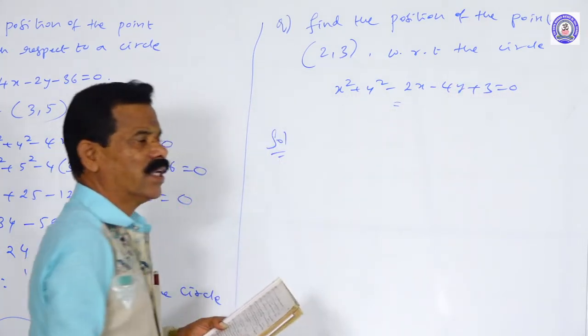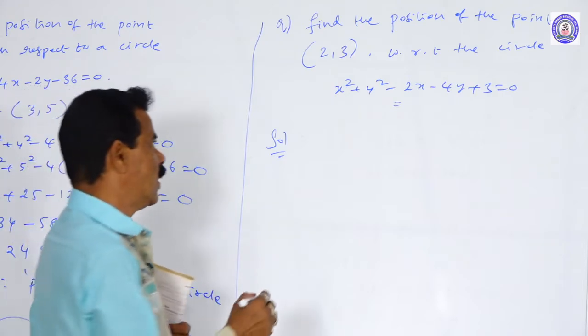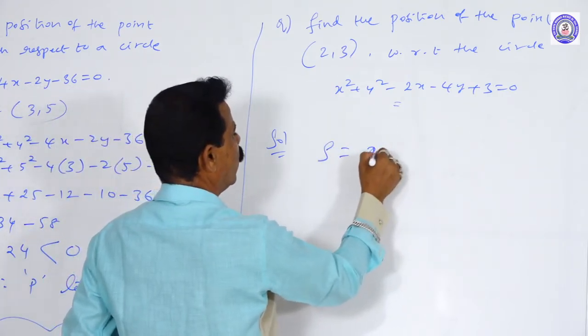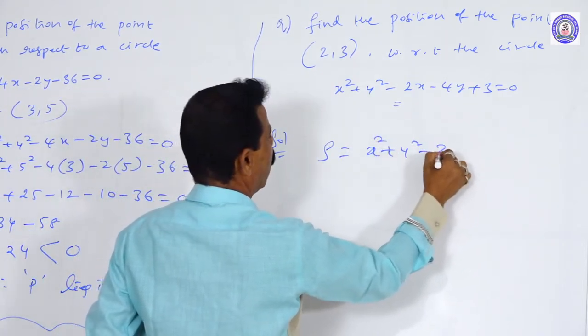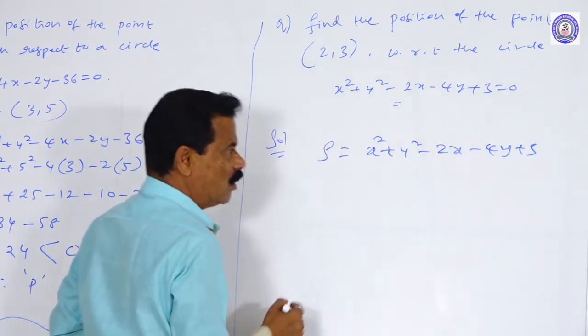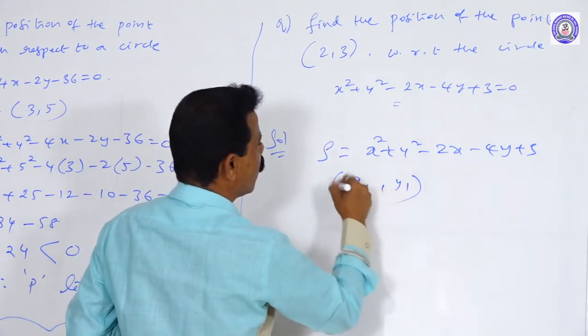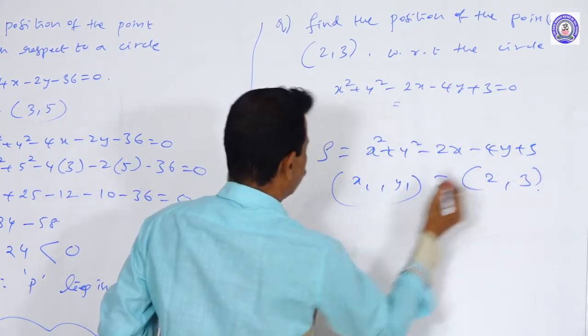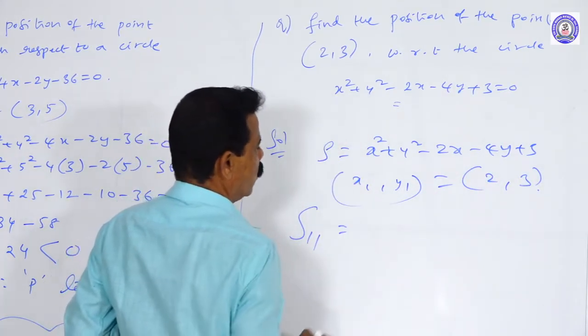Solution. Circle given, point given. So the circle is written as S is equal to x square plus y square minus 2x minus 4y plus 3. This is the S symbol. x1, y1 is (2, 3). So find the S11 value.